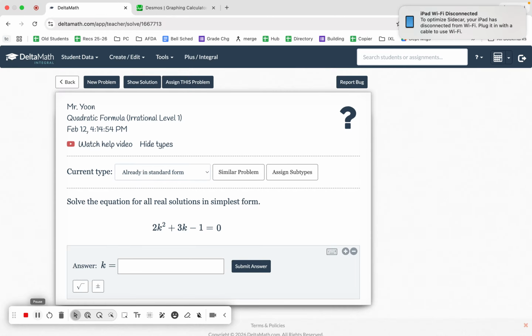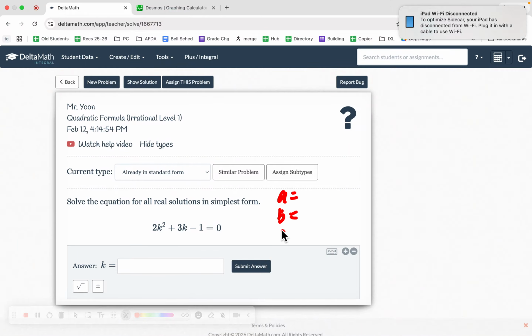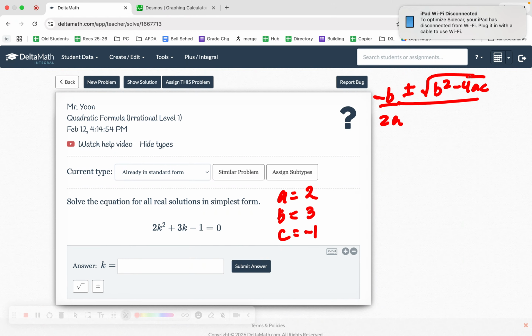Okay. So I think it's always a good idea to say what a is and b is and c is. So a is 2, b is 3, c is negative 1. Okay, and here's the quadratic formula. Remember, it's negative b over 2a. You're used to that. Plus or minus the discriminant under the square root sign.